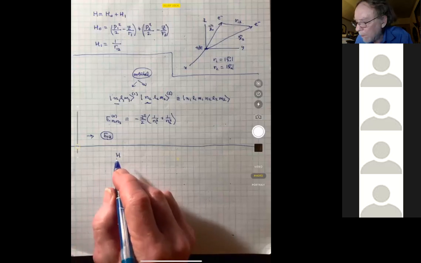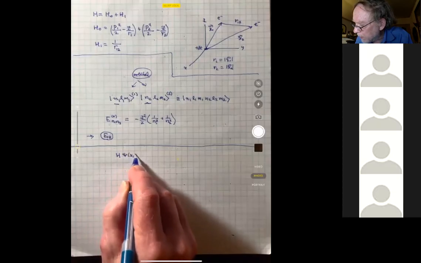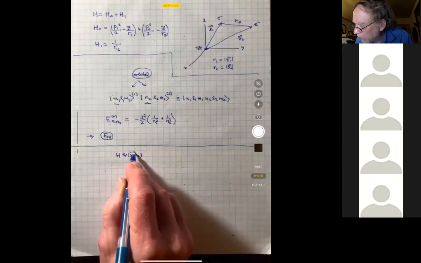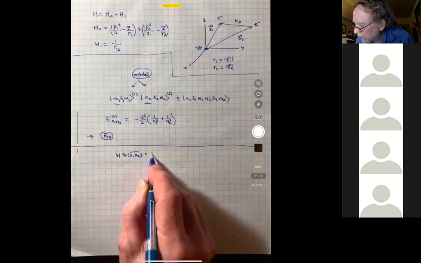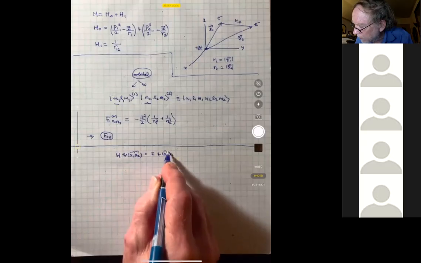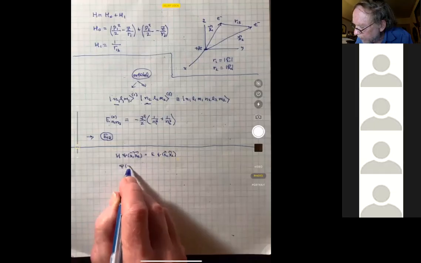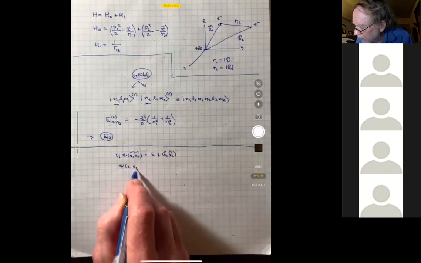a purely spatial problem. So if I write it in wave function language, we look for H acting on psi of x1 and x2 equal to an energy E times psi as a function of x1 and x2, like that. And you'd also like it to be either symmetric or antisymmetric under spatial exchange.